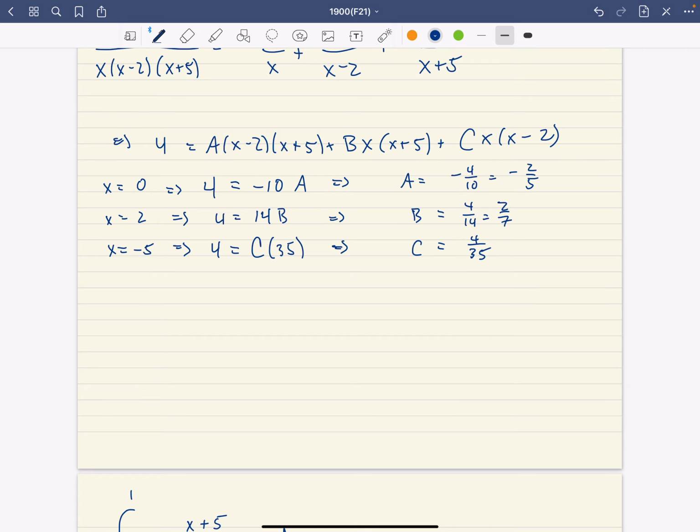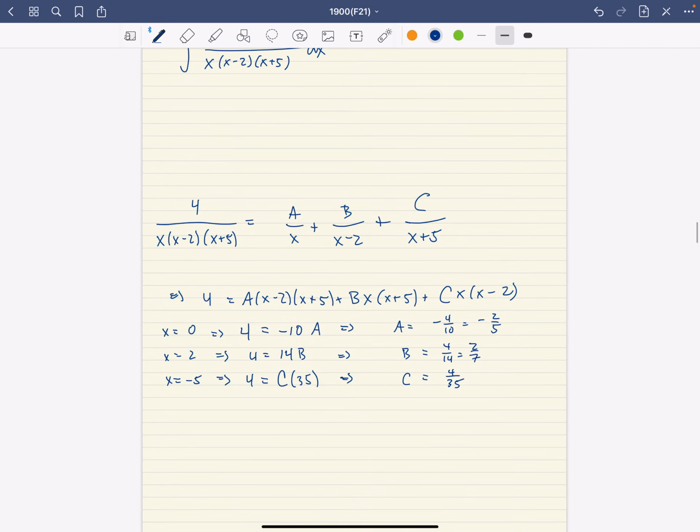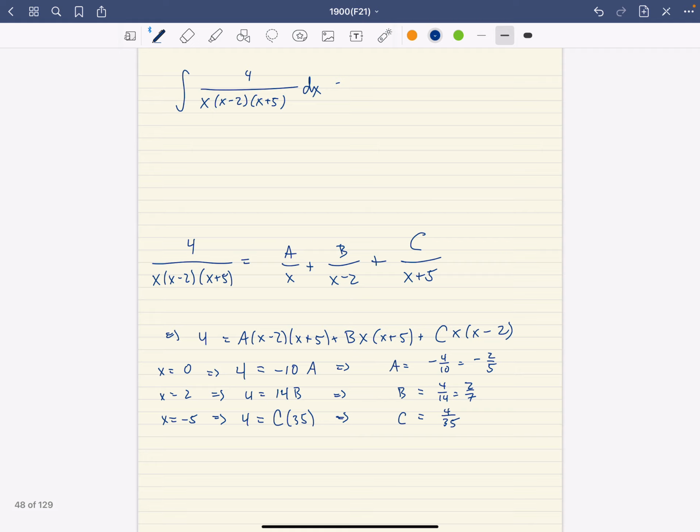Now, this means that our partial fraction decomposition is going to be, so this integral is going to be the integral of a, which was negative 2/5 over x, plus b, which was 2/7 over x minus 2, plus c, which is 4 over 35 over x plus 5.